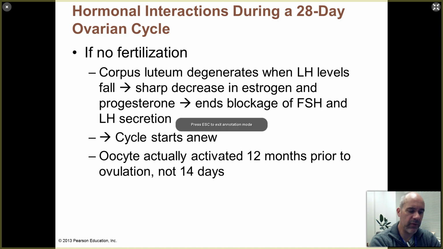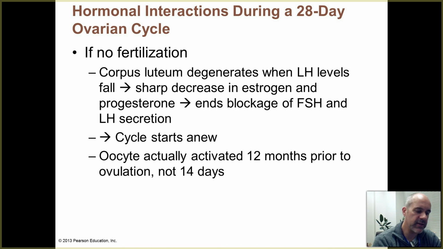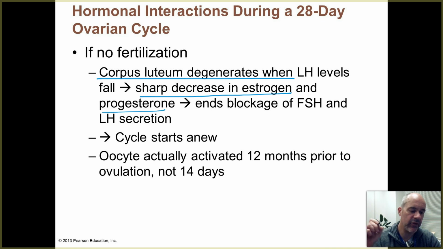Okay, if no fertilization takes place, no conception, then about 10 days after ovulation, the corpus luteum is going to degenerate. You'll have a sharp decrease in estrogen and progesterone levels. If the corpus luteum croaks, your estrogen and progesterone levels are going to plummet very quickly.